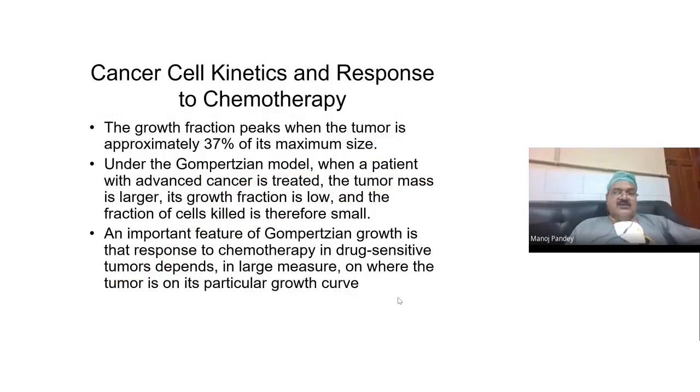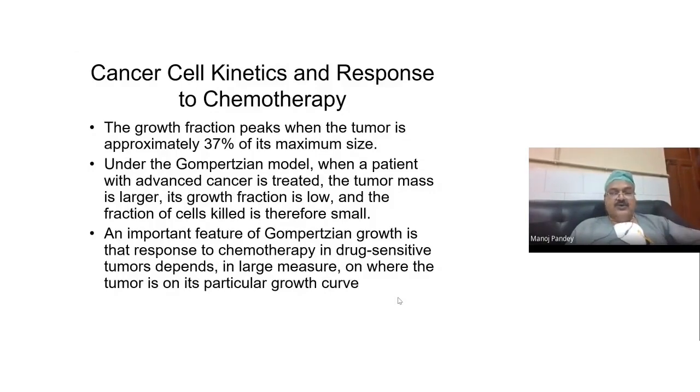It is said that the growth fraction peaks when the tumor is approximately 37% of its maximum size. So when the tumor reaches approximately one third of the maximum size it can attain, the growth fraction is highest. As it goes above 37%, the growth fraction will keep on reducing.